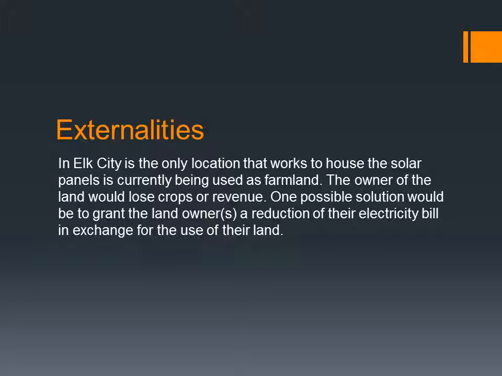One negative externality of the solar panel location in Elk City is the only location that works to house the solar panels is currently being used as farmland. The owner of the land would lose crops or revenue. Elk City residents and the Idaho government would have to fix this problem in order to have an effective source of power. One possible solution would be to grant the landowners a reduction of their electricity bill in exchange for the use of the land.